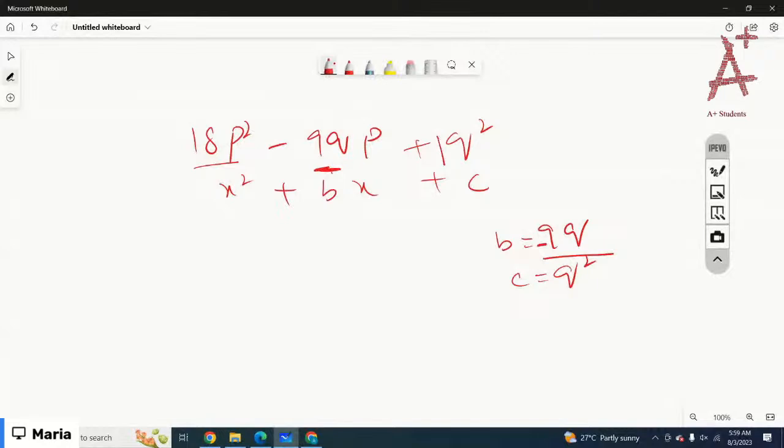Also, you have 1 here. You have to multiply this coefficient to 1. You need to make 18 here, 18q square, right? 9 times 2 is 18. 6 times 3 is 18, right?